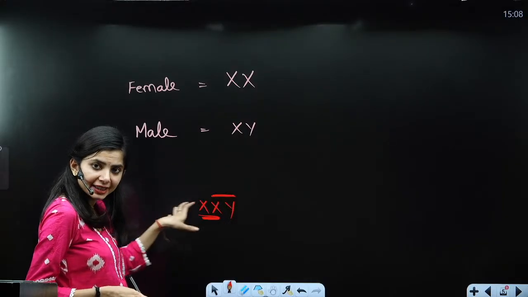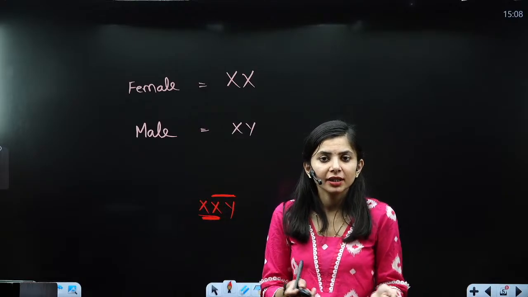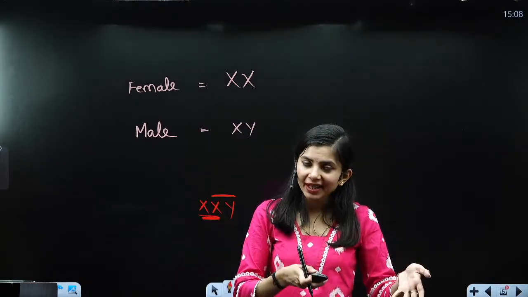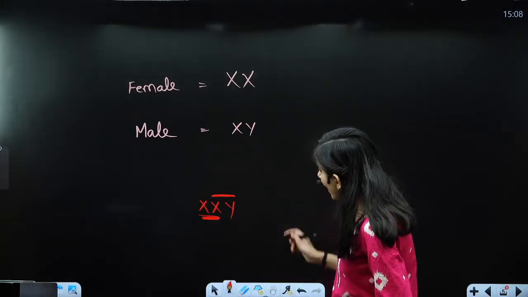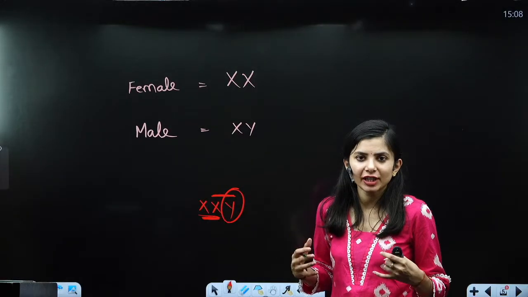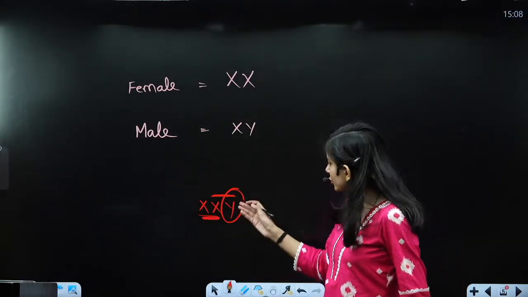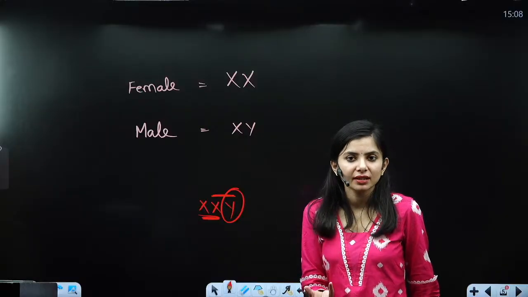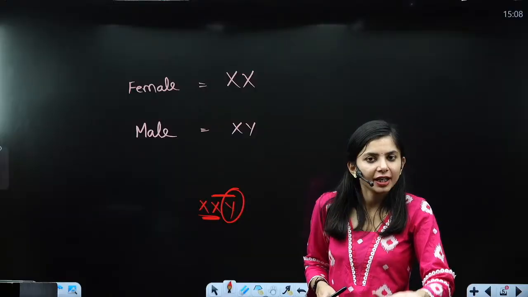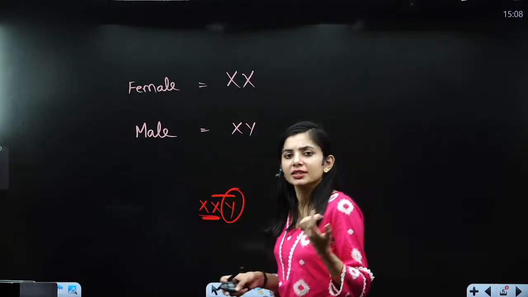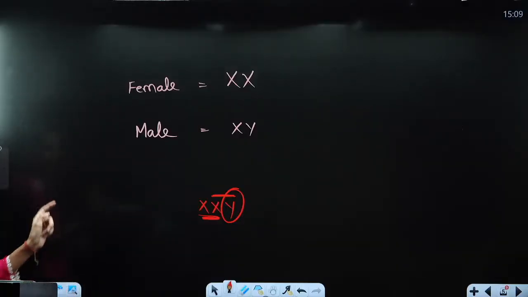It is added on to both, and because of the addition, that person is neither a normal male nor a normal female. But because Y is there, and phenotype means outer structure, the outer structure of the body is going to be similar to a male. But that person has an extra X, so that person would show some female characteristics. That's how it is specified.